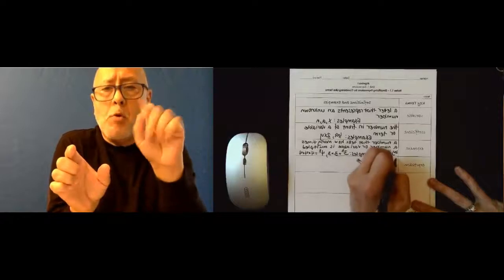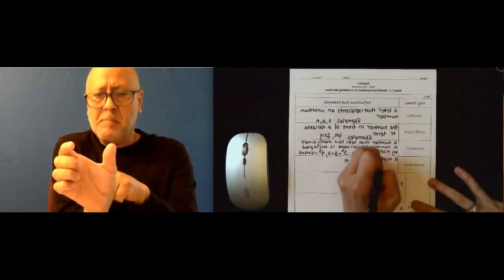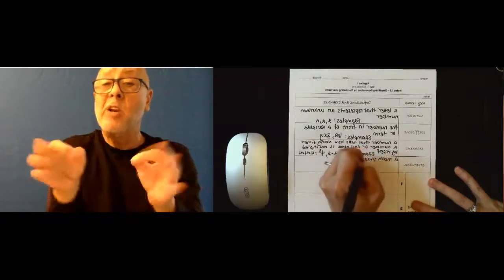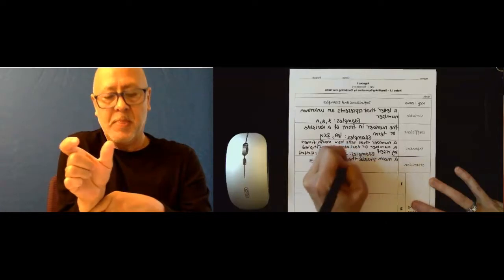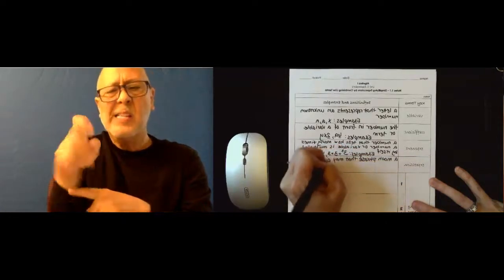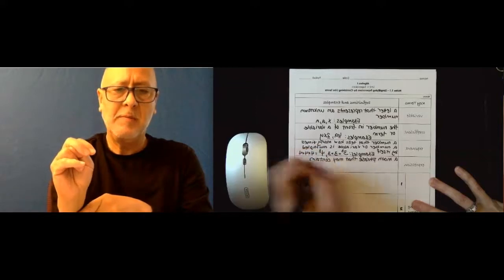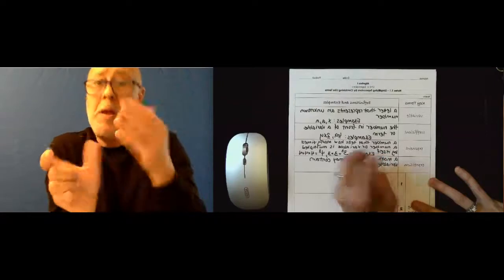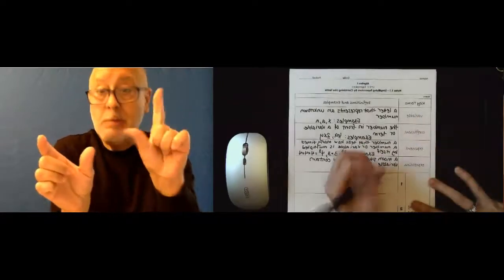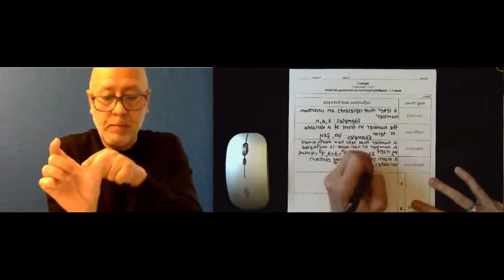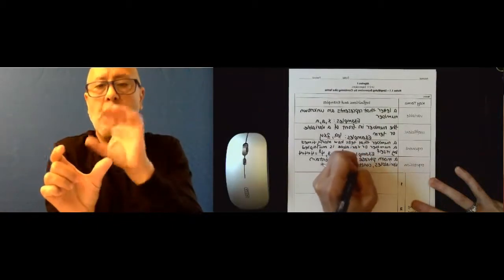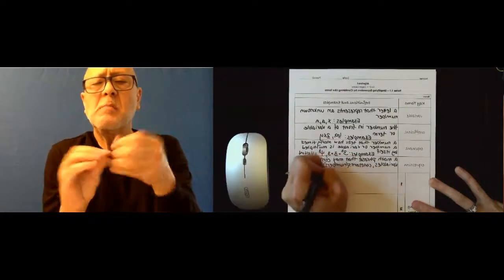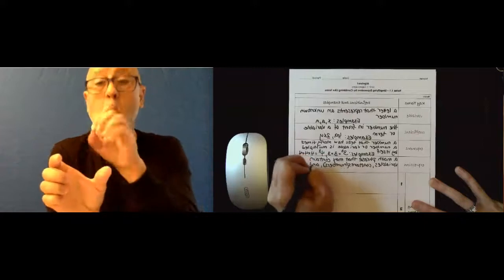I'll even just simplify it: a math phrase that may contain variables, so the letters, constants, which are actually just numbers, and or operations.